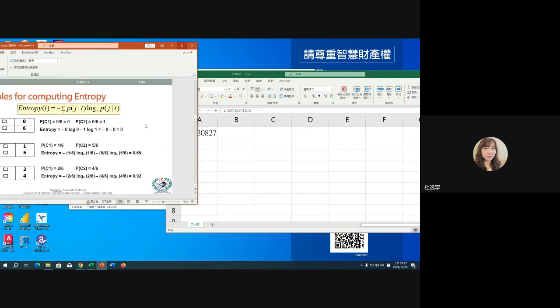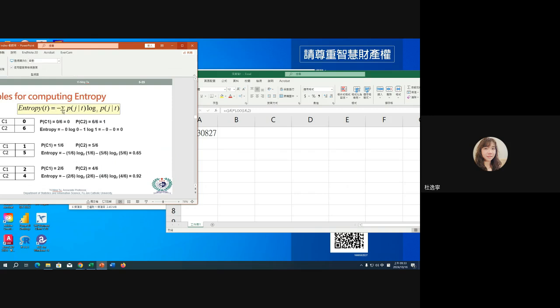If you use log on a proper fraction, the result is a negative number, right? So according to the log, when the value is no more than 1, it will be negative. So that's the reason why the formula has a minus here: minus times minus becomes positive. Negative times negative gives positive, right? So this is the reason why there is a minus here.